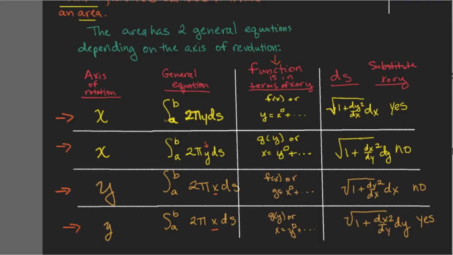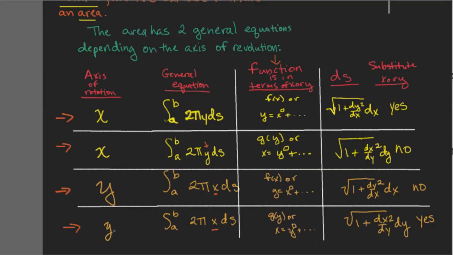So if it's y equals something, you're going to have to do dy dx, integrals in terms of dx. And no, you don't substitute, because it doesn't make sense for you to have something in y here and this all be in terms of x. They have to match up so you can integrate. You have yet to learn how to integrate multiple variables.